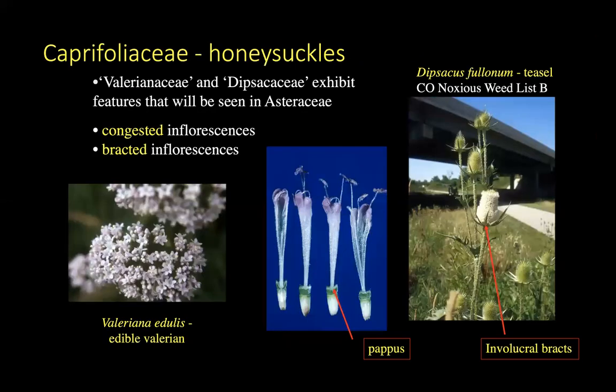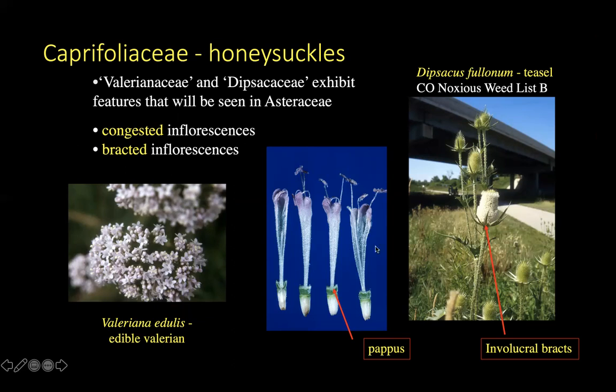Okay, two families that Dr. Ackerfield for now treats as separate, but probably will get lumped back into Caprifoliaceae, are the valerians and the teasels. So just really quickly, valerians, which is an important medicinal plant, have a congested, highly grouped inflorescence, kind of like Apiaceae actually.